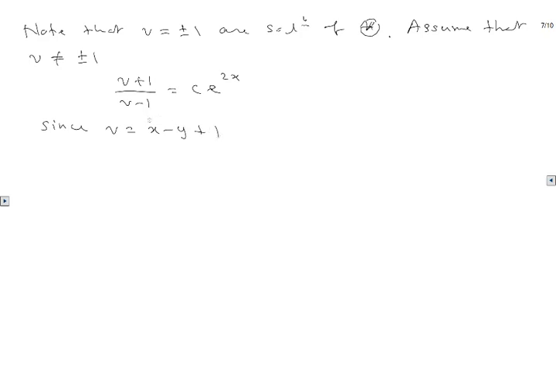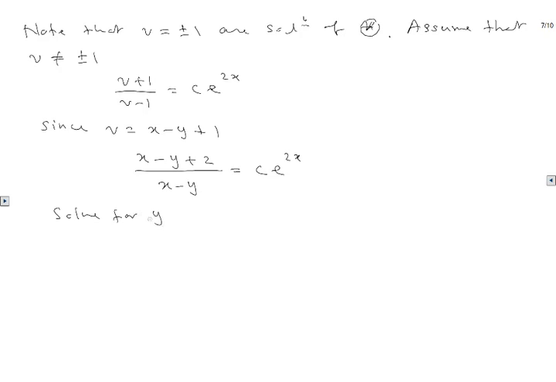If you substitute that here, you get x minus y plus 2 over x minus y equals c e to the 2x. That's what you get. Now we can solve for y.